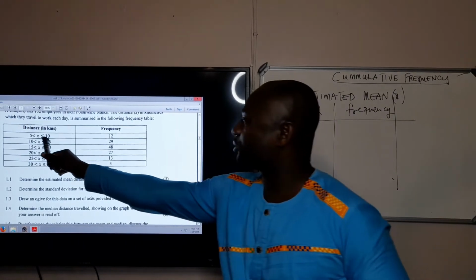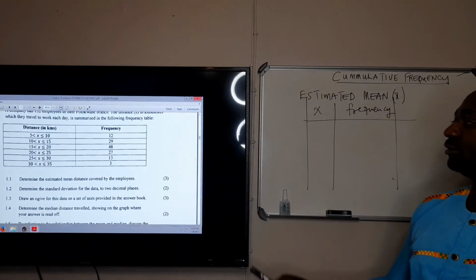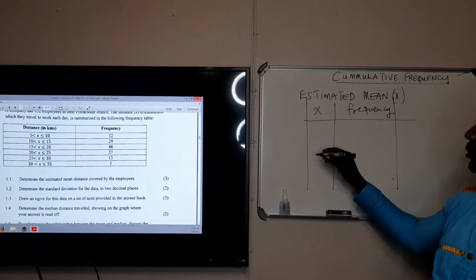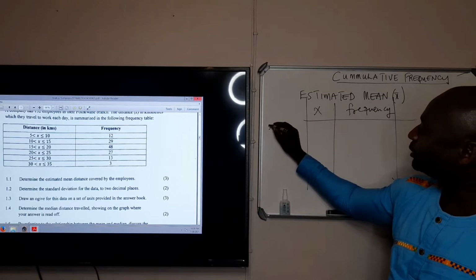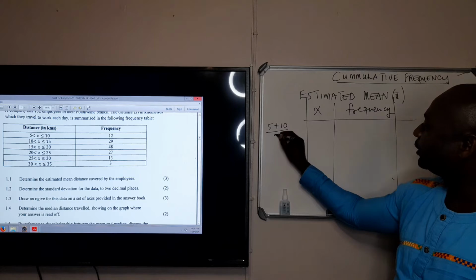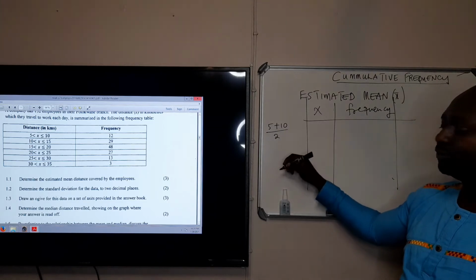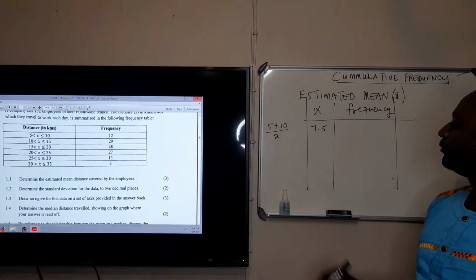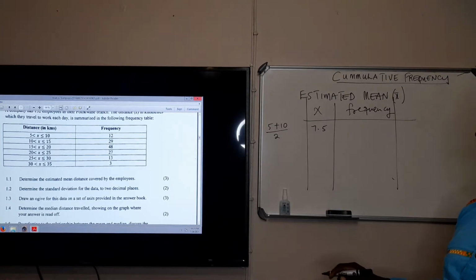Now x is in between certain intervals, like from 5 to 10. So in order to get the x values, you take your calculator and say 5 plus 10, then you divide it by 2. 15 over 2 is 7.5. That is the first x value that you get.